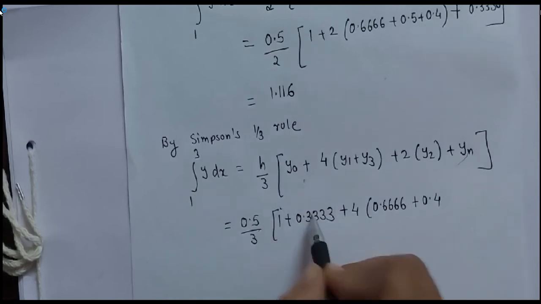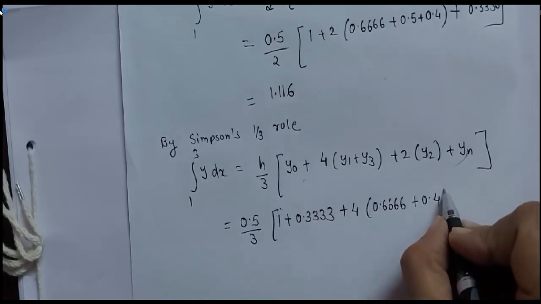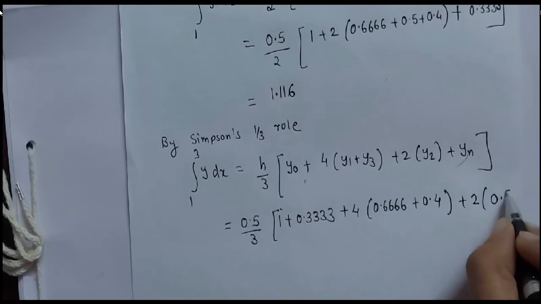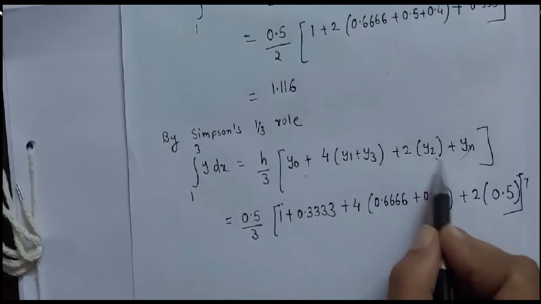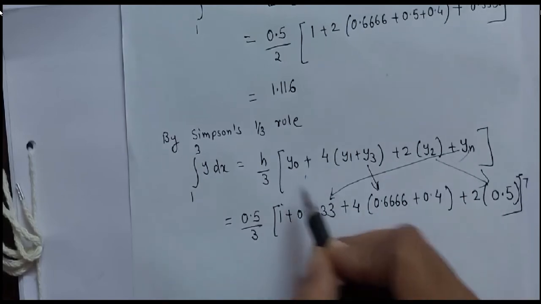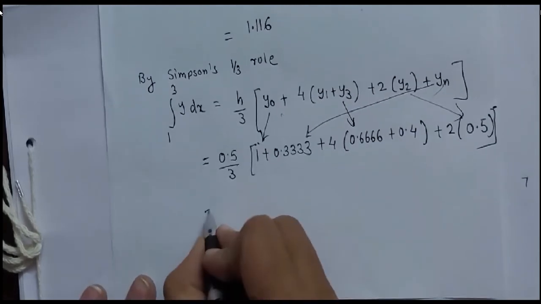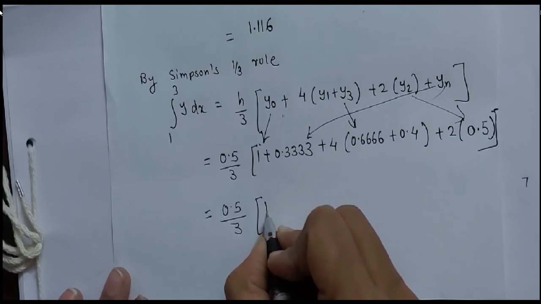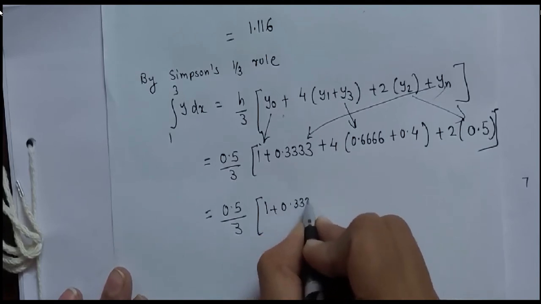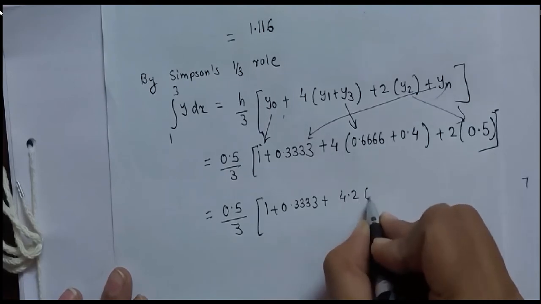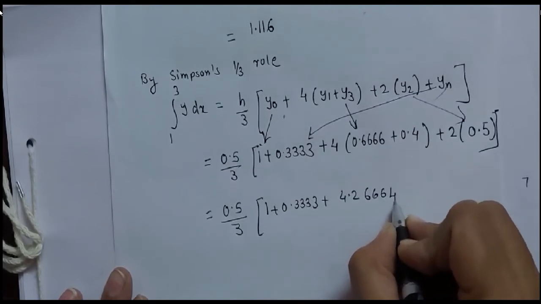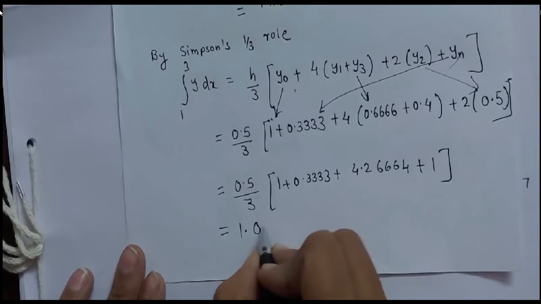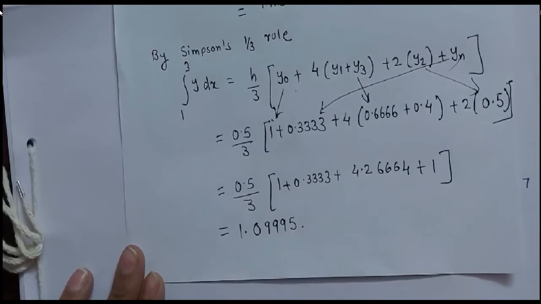Here this is y0 and this is yn. When you solve this, 1 plus 0.3333 plus 4.2666 plus 1, and the answer is 1.09995.